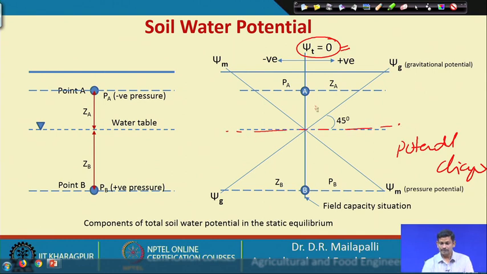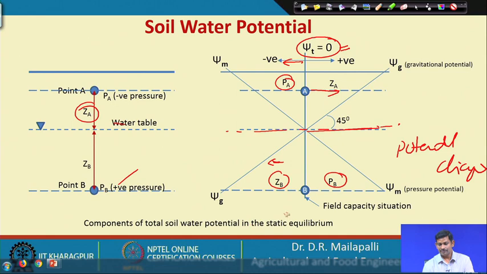Z A is on the positive side, whereas P A is on the negative side. On the other side, P B is positive, and Z B is negative.